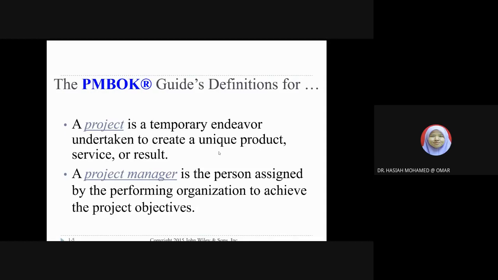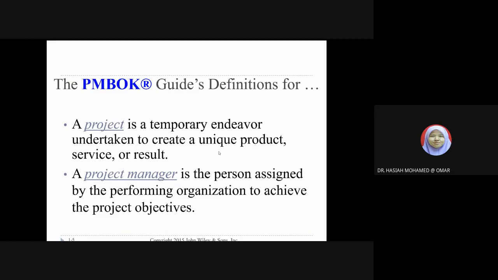Product in our situation, IT, is normally a system. It can also be a process or service. At the end, it can be used to improve the operation of the organization. And somebody needs to lead the project, and we call him or her a project manager.